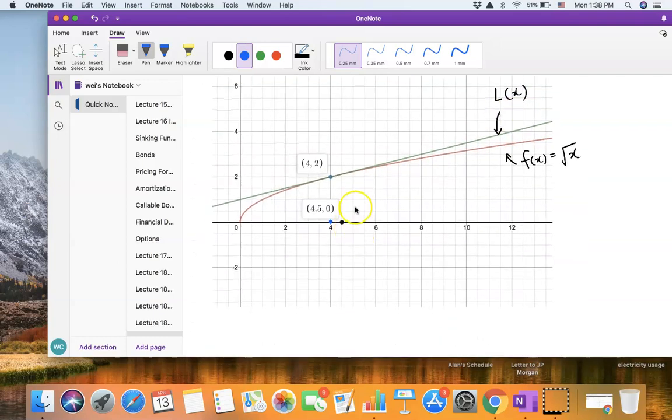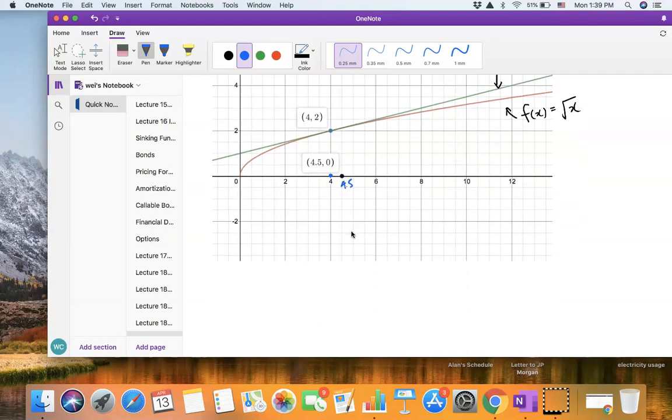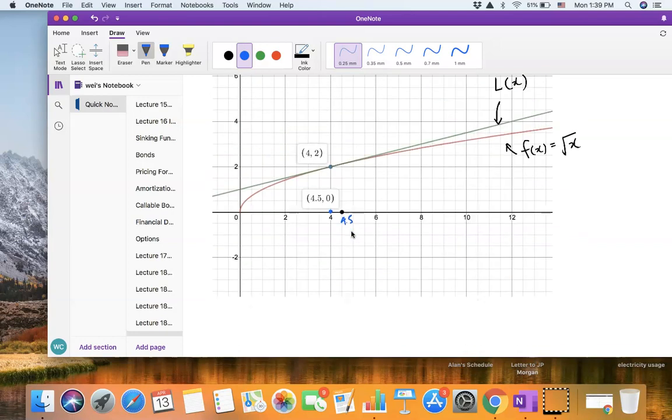Now you can see after I draw this tangent line, when x equals 4.5, the function value of L(x) at 4.5 will be very close to the function value of f(x) at 4.5.